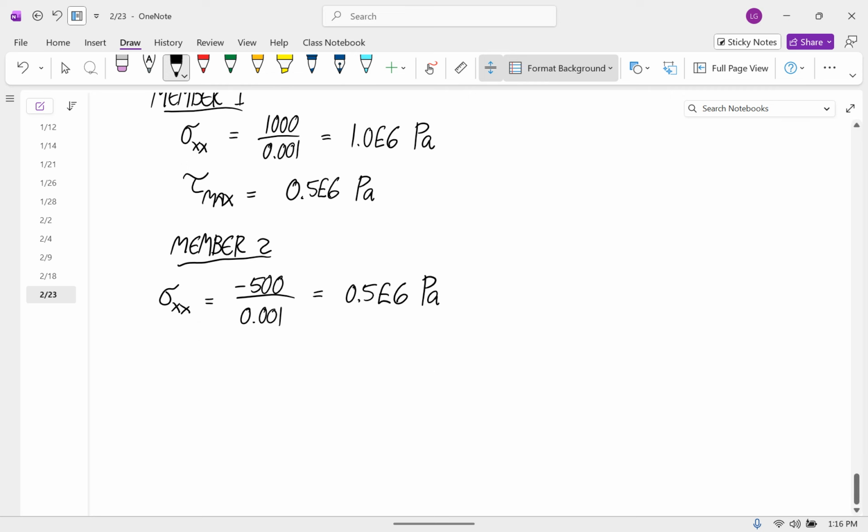Still negative though, right? Negative, yep. Yeah, that negative is super important. Don't drop that. But it will drop from the tau max because of the way that equation works. So tau max will end up being half of this. So 0.25 times 10 to the 6 pascals.